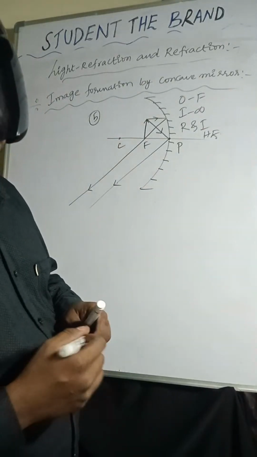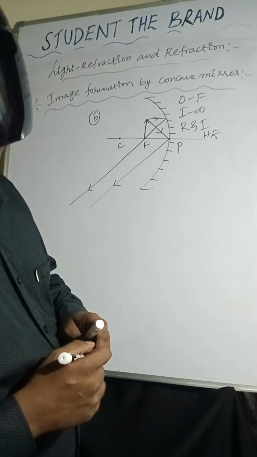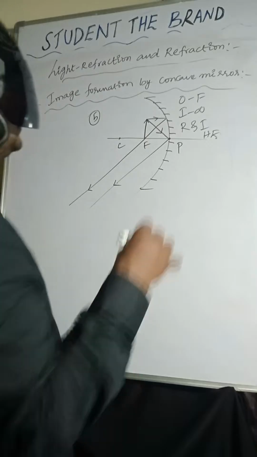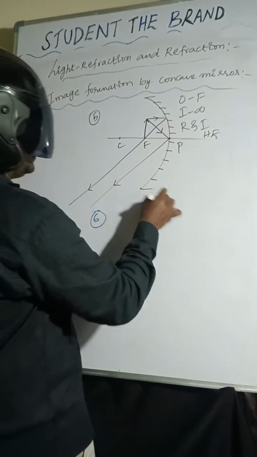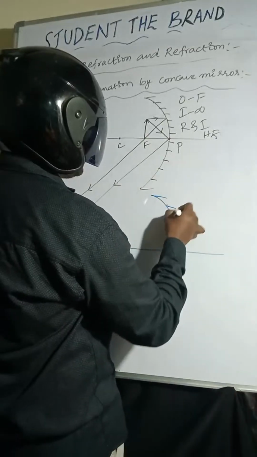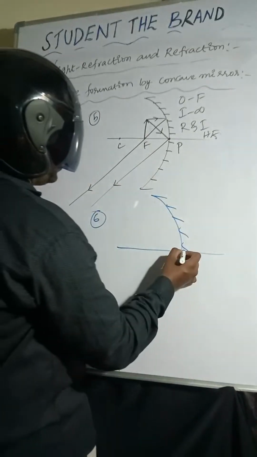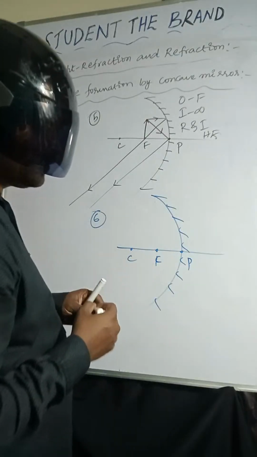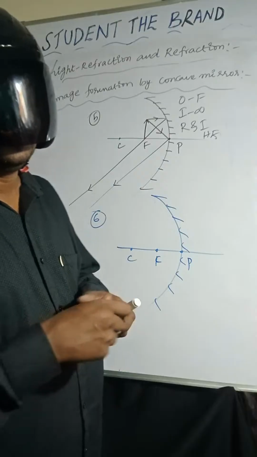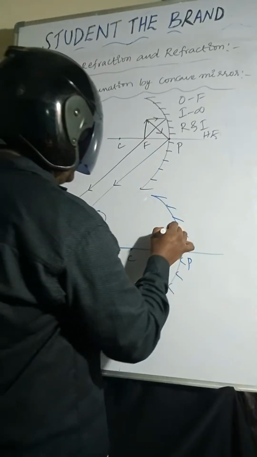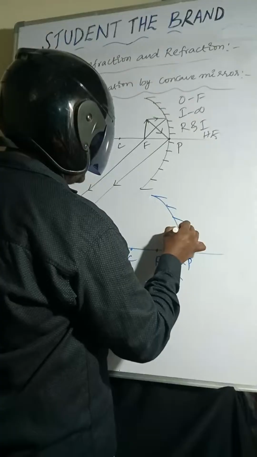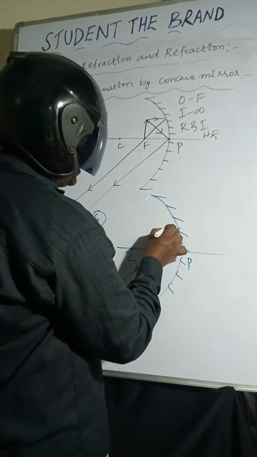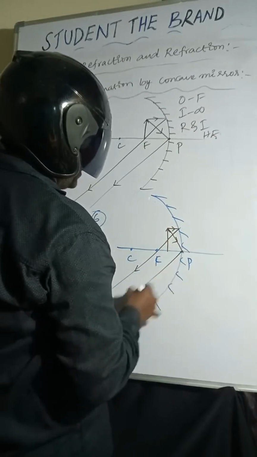Right? Next one. Coming to the sixth one, the last one. Pole, focus and center of curvature. Object is placed between F and P. One light ray I am taking like this. After reflection it passes through focus, another light ray is incident at the pole, it reflects back.